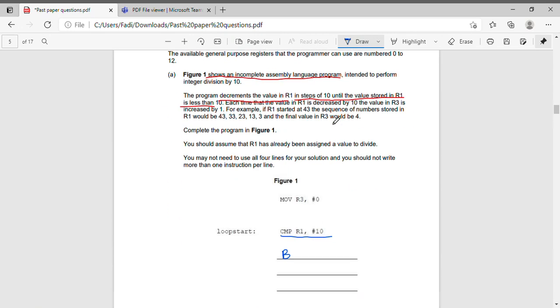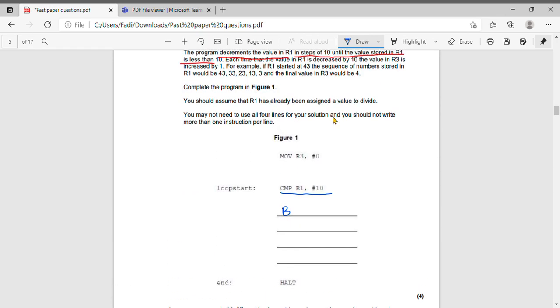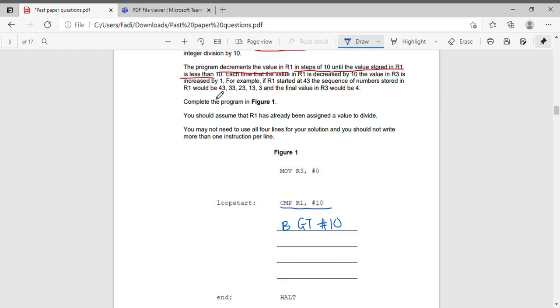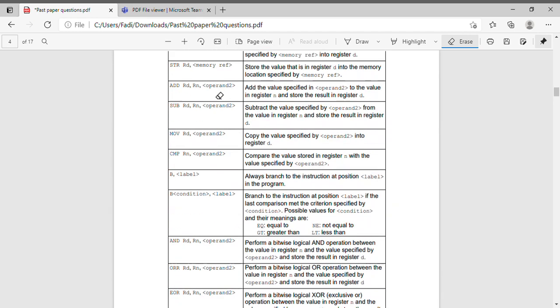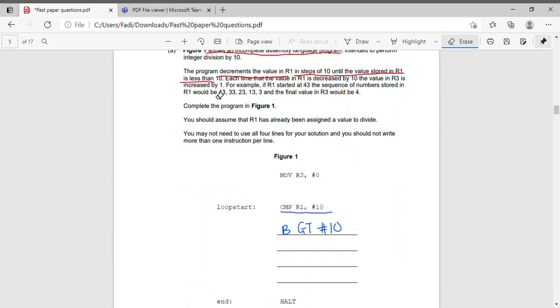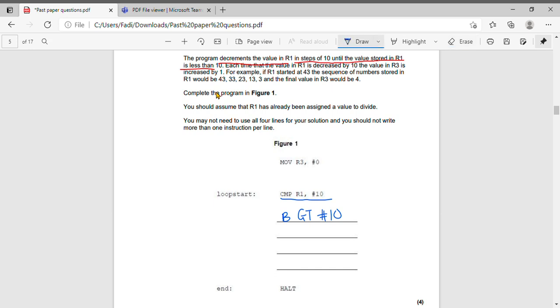So we need to say if greater than number 10, then it'll subtract. What's minus? Subtract, SUB maybe? Yeah, SUB.